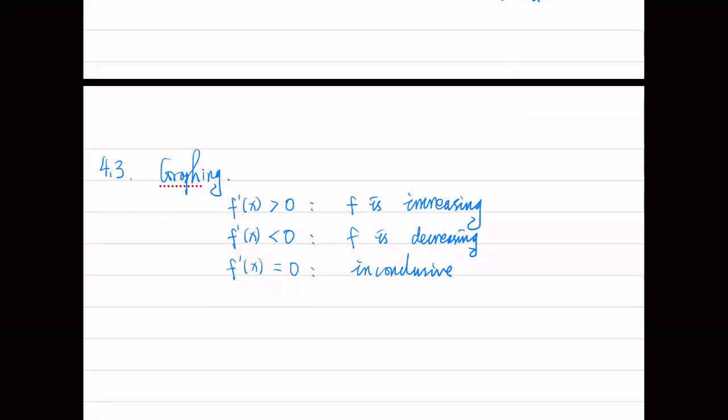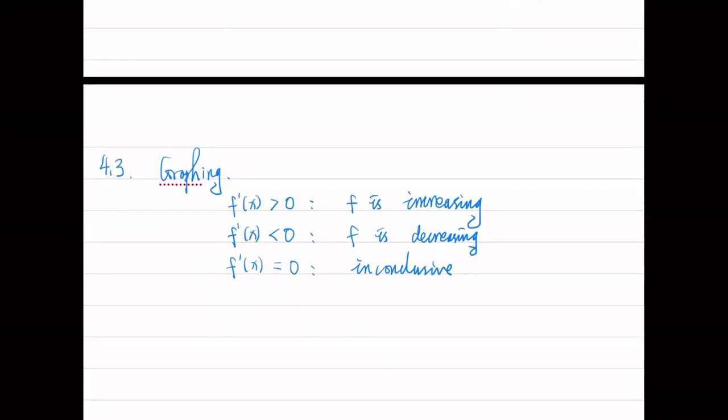Okay, so I will make it more precise. The cubic function, x cubed. At this point, the derivative is zero.